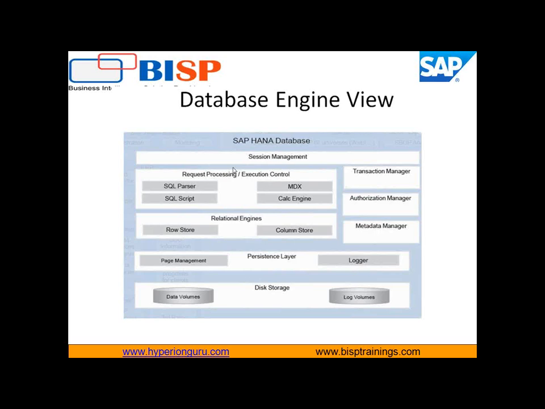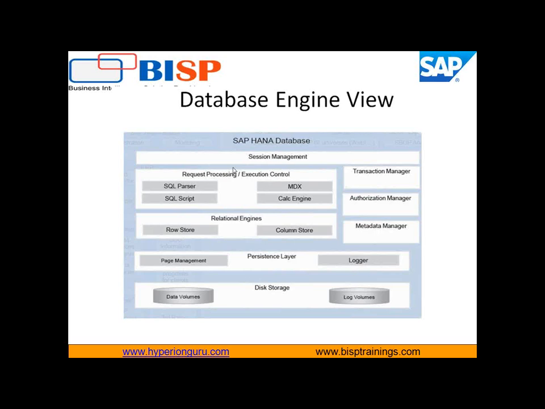All the relational tables, columns, views, indexes and procedures are dispatched to the metadata manager. You will understand this concept of columns, views and procedures when we see exactly the look and feel of HANA Studio.